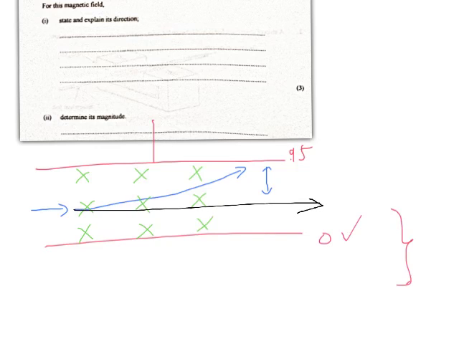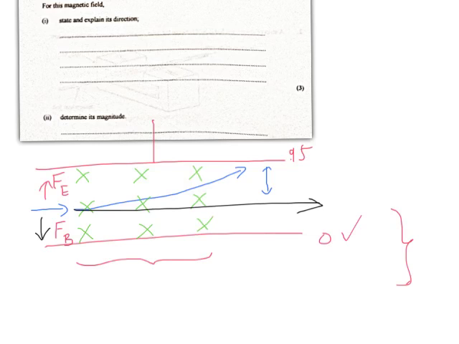So that must be because it feels a force down to balance the force up due to the electric field. So you have a force due to the electric field and a force due to the magnetic field. Now, how did I know to draw these field lines going into the paper?